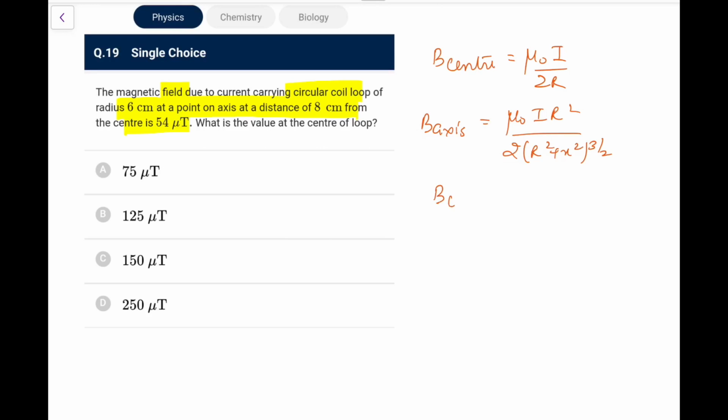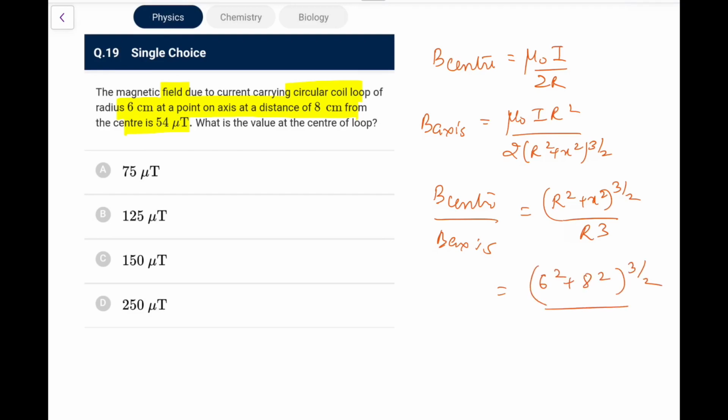If I take the ratio B center upon B at axis, the mu naught I thing goes, the 2 thing goes, and what will remain is (r square plus x square) to the power 3 by 2 upon r cube. Putting the values now, r square is 6 square, plus 8 square, to the power 3 by 2. Units would be the same, so I'm not converting anything.